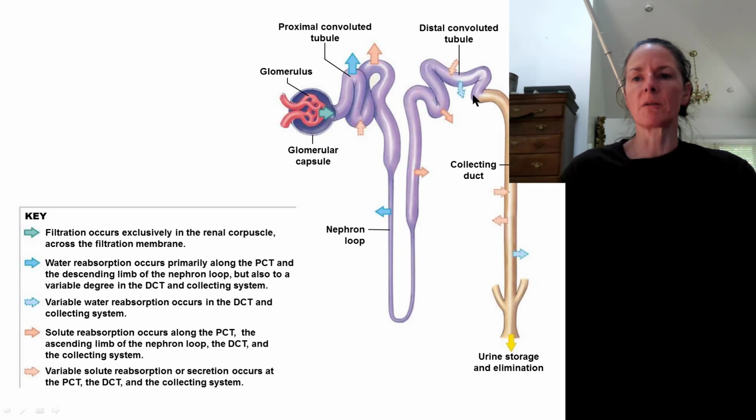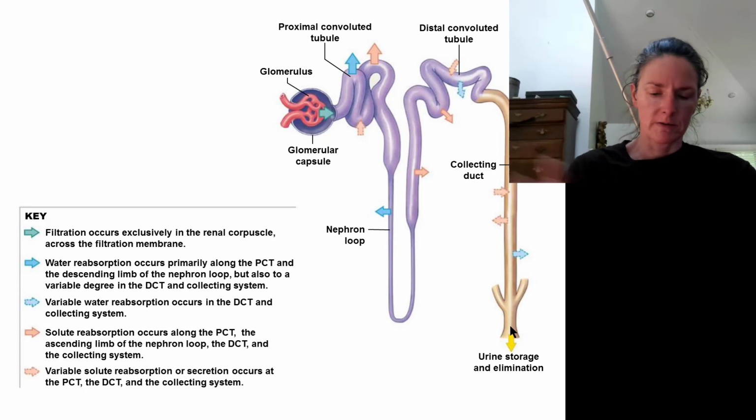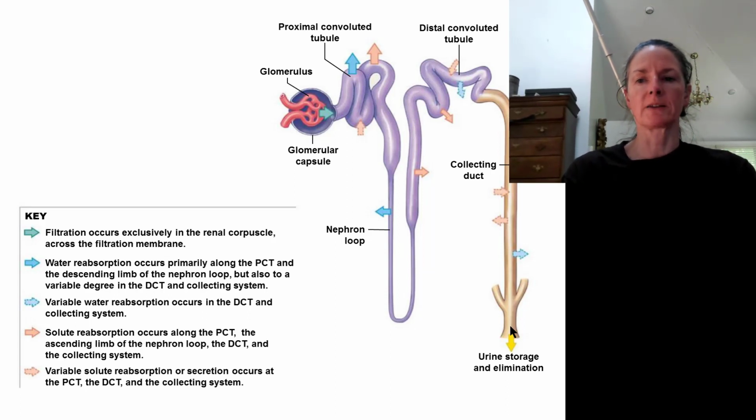And then we're going to have variable resorption and secretion of things along the distal convoluted tubule, which then leads into the collecting duct, which will have our final adjustments on the concentration of urine, of what solutes are in it, and what the volume of it is. And then by the time we get to the papillary duct, urine is in its final form, and it will then move on through those calyces into the renal pelvis, and then through the ureter toward the urinary bladder.